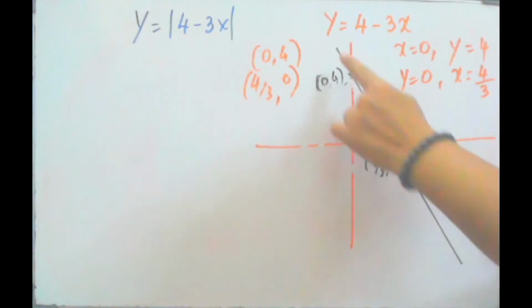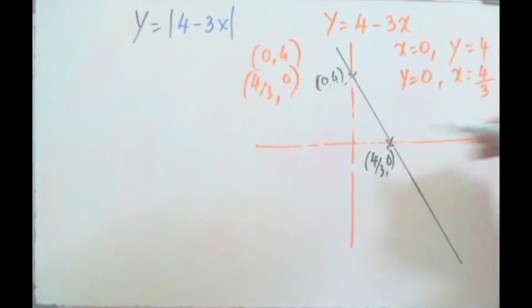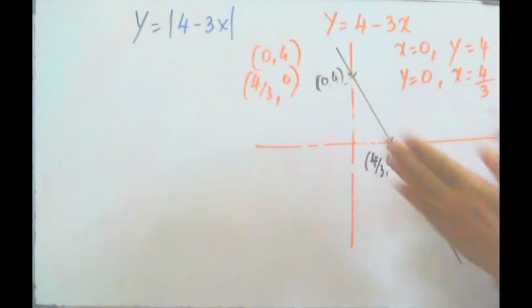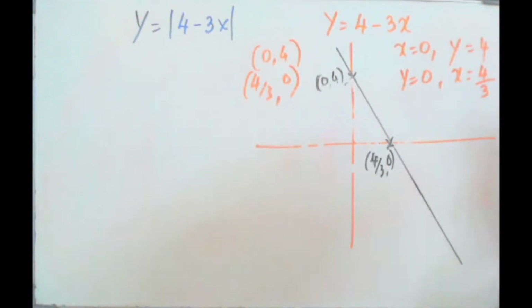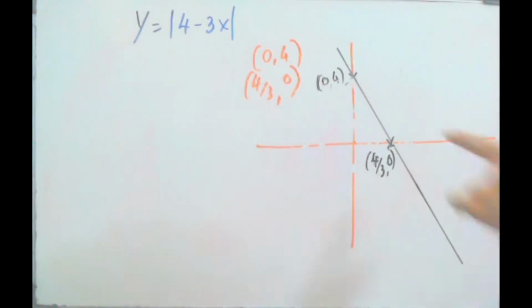As you can see, the line is positive, that means the y value of the line is positive from this point and above, but from this point and below it is negative. So when we introduce modulus, this negative part also becomes positive. That means this part will be reflected back.